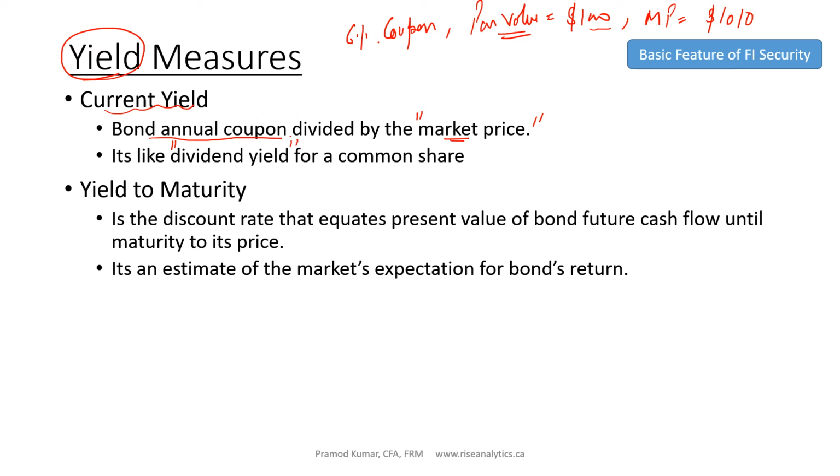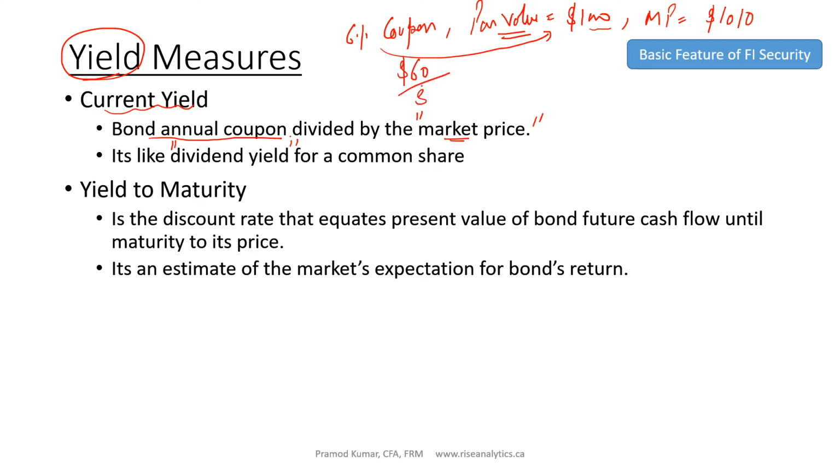How is the coupon calculated? The coupon is calculated based on this $1,000. If it's annual, we get 6% of $1,000, which is $60, right?